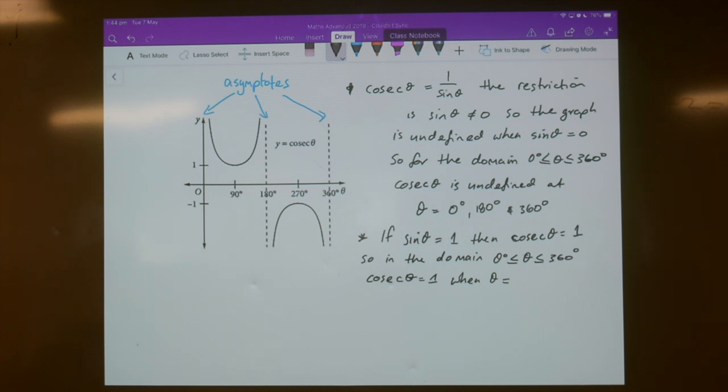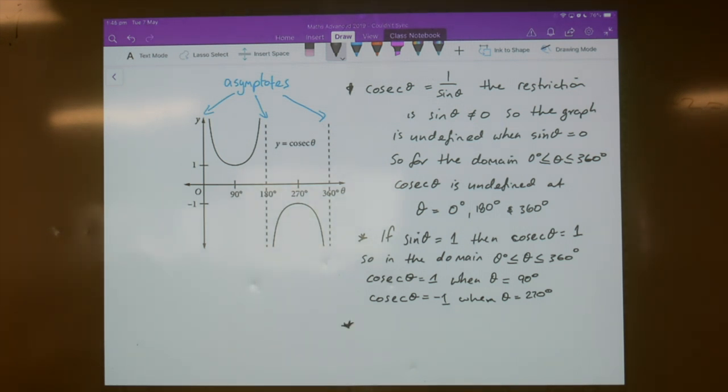There's only one spot where it equals 1. At 90 degrees. And cosec equals minus 1 at what point? 270. Okay.